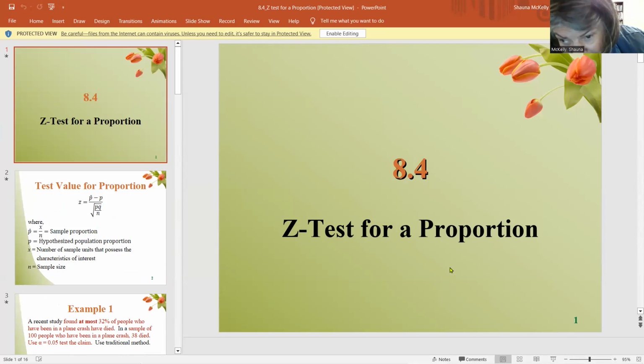So I'm doing that for you here. I'm not going to go through the slides other than that, but I will go through the steps with you for the testing. She asks about the assumptions, so let me show you that.